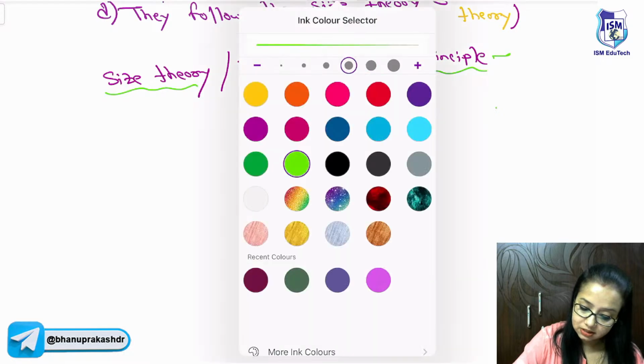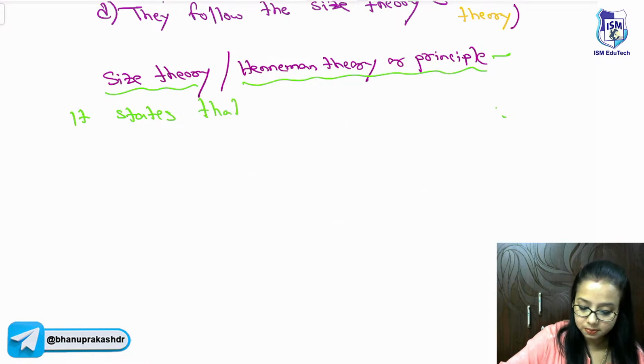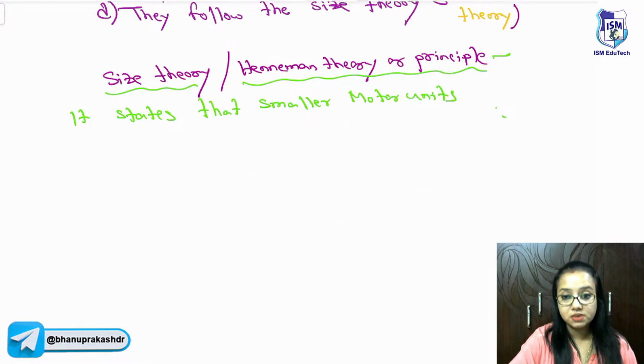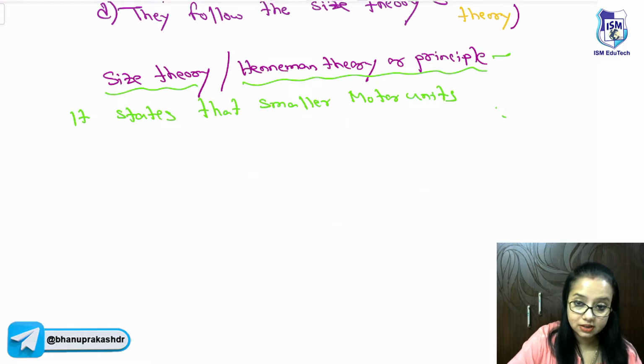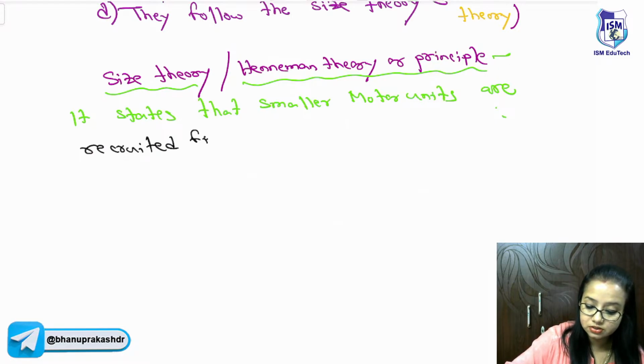It states that smaller motor units, meaning when one nerve fiber is innervating a lesser number of skeletal muscle fibers, are recruited first.